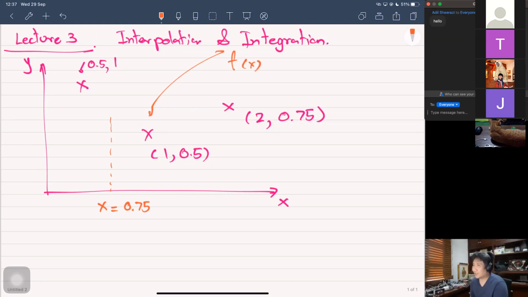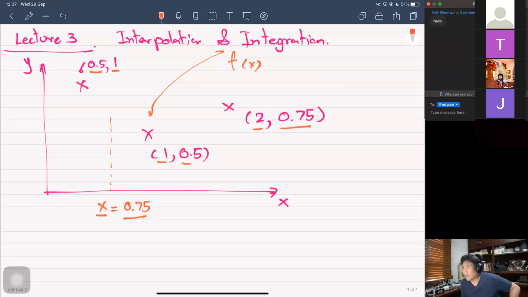I say that when you plug in 0.5, this function gives you 1. If you plug in 1, it gives you 0.5. If you plug in 2, it gives you 0.75. Then I ask you, what if I plug in x equals 0.75? What would be the value? What would be your guess?